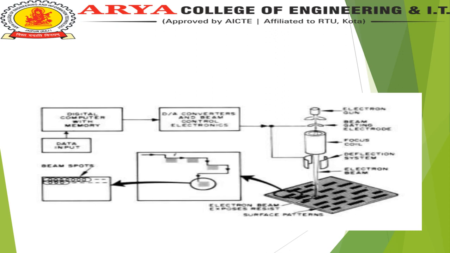Again this digital signal is converted by a digital to analog converter into an analog signal, which controls the beam through the converter and controller electronics. The beam is connected with the electron gun, and by this electron gun the pattern is designed on the chip or surface. So in this way the electron beam writes the pattern on the surface.